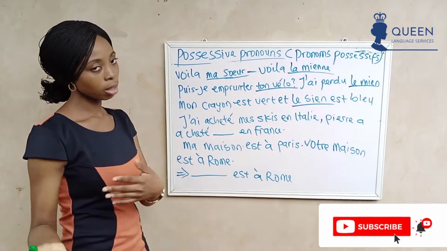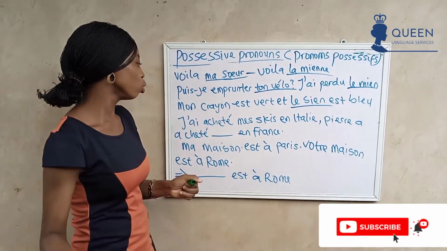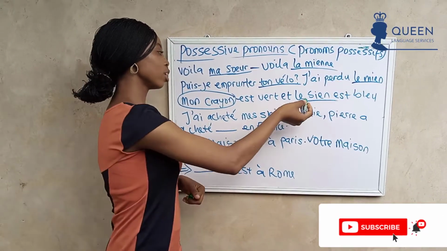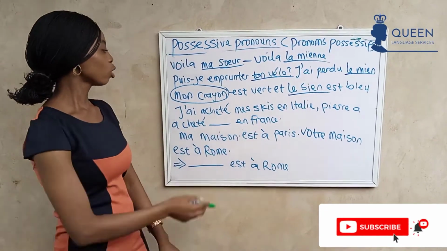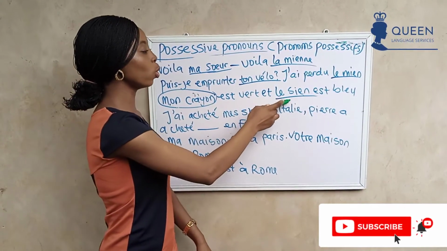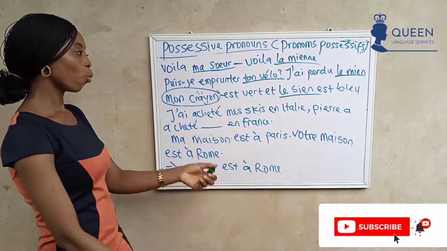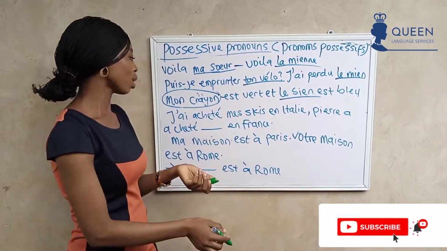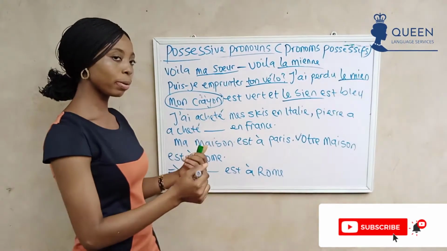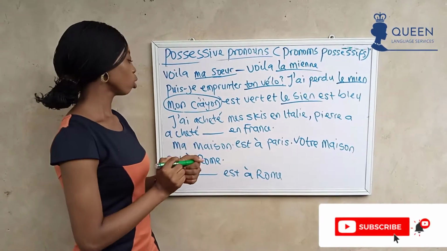So we are making use of crayon here. That's why we have it as le sien. So we have mon crayon, which is of a masculine gender, and so we are saying et le sien est bleu. Why we are having le sien is because we are referring to crayon, which is of a masculine gender, and his own pencil as well. Okay, so we have it that way.